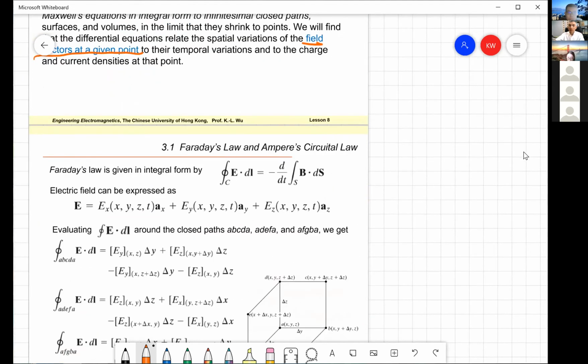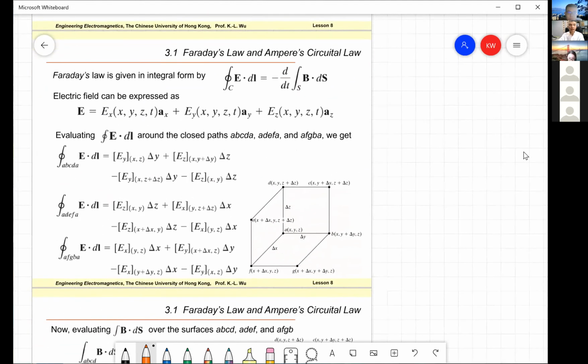You can take this lesson as a review of mathematics. The discussion in the rest of the class today really has nothing to do with any physics. It's just mathematics, the mathematical treatment.